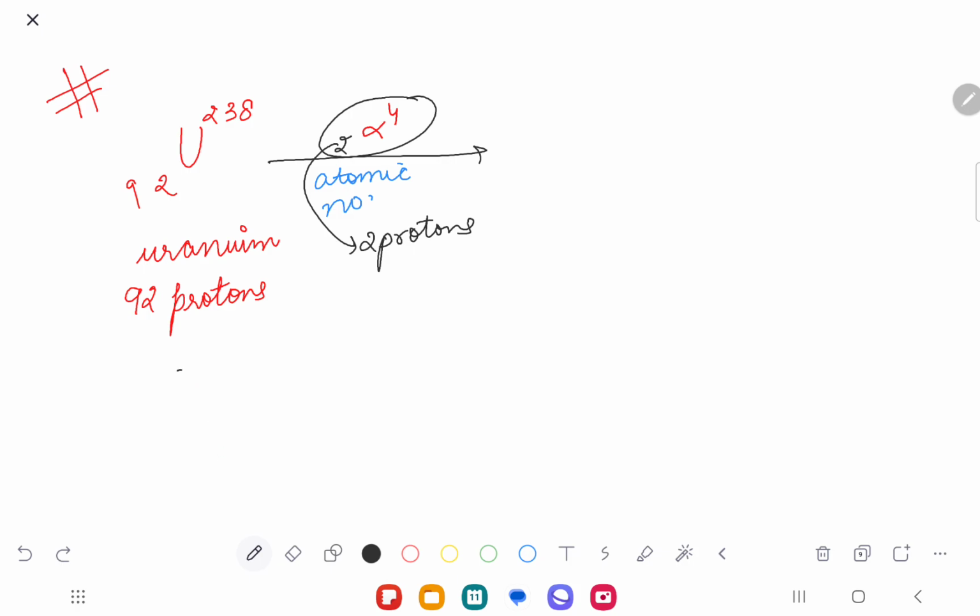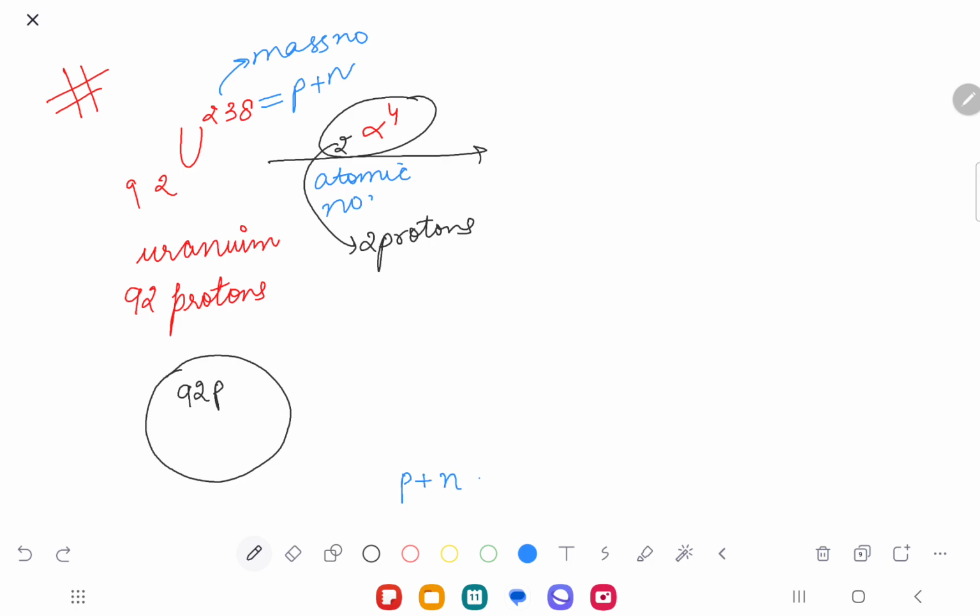Just have a look at the nucleus composition. This uranium has 92 protons. And what is this here at the top? This is the mass number, which is equal to the number of protons plus neutrons.